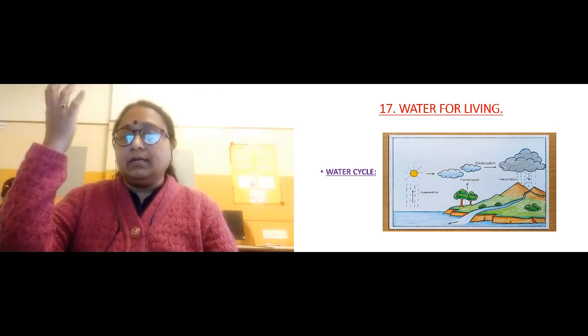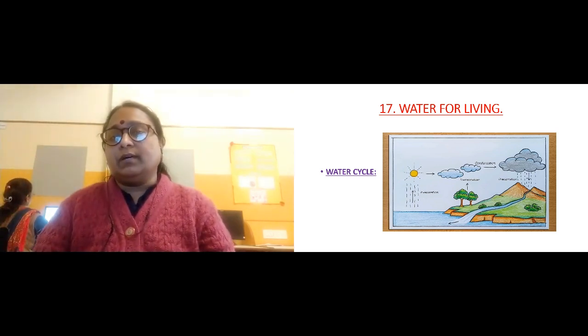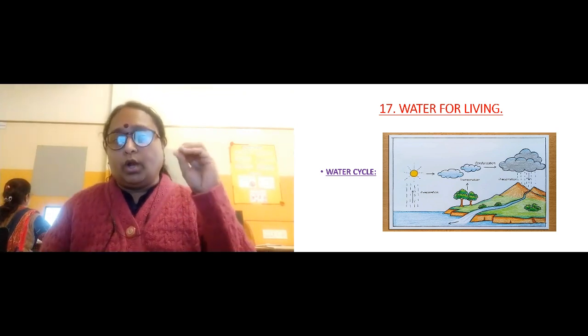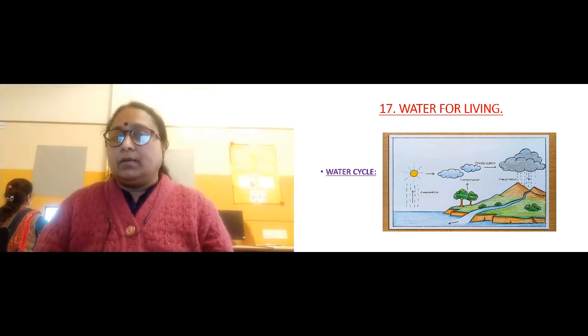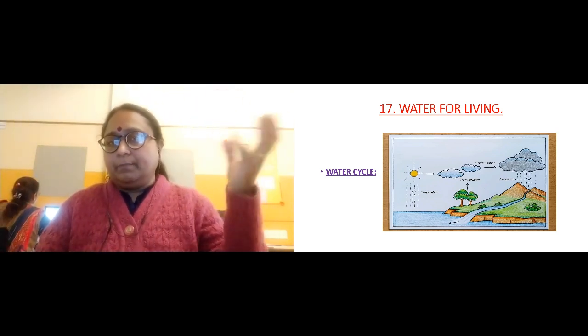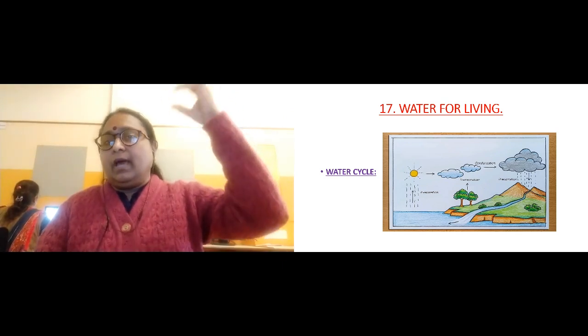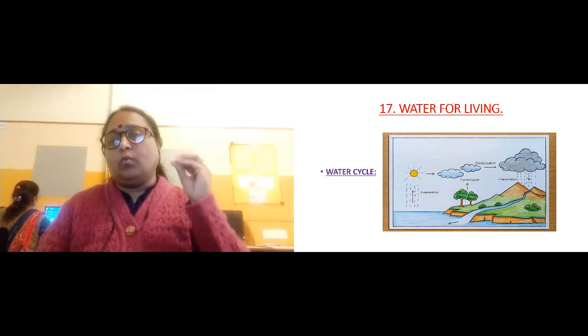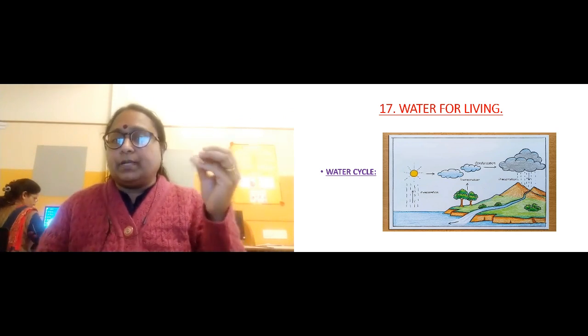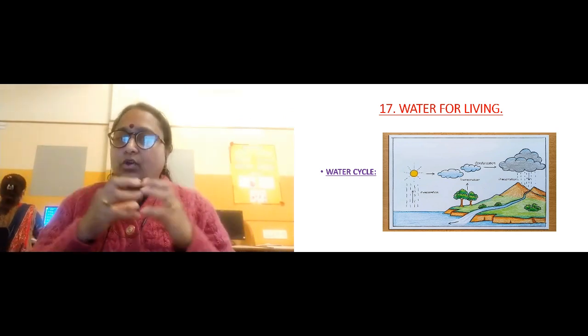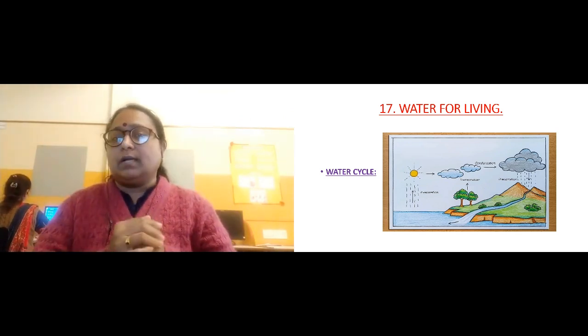And when it is in the cold region of the atmosphere, it condenses and forms water droplets. The water evaporates, that water vapor goes up to the colder region and condenses and forms water droplets. And these droplets join together and form the clouds.